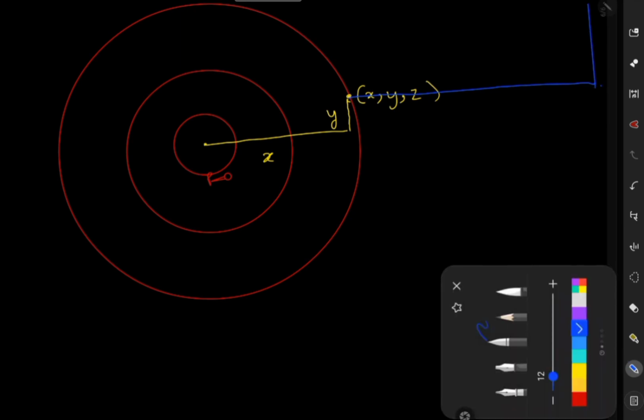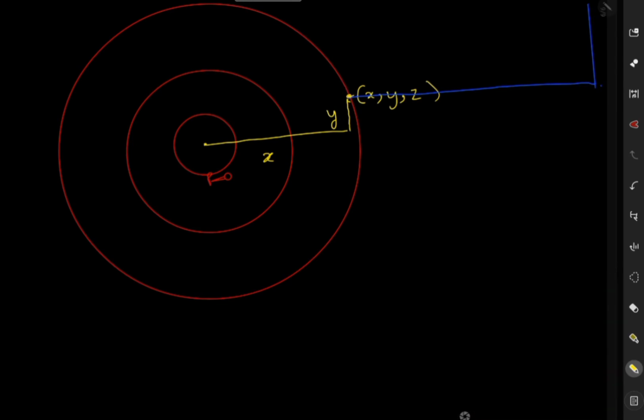So this will be our direction. We are taking only two dimensions. Let's say z is 0.